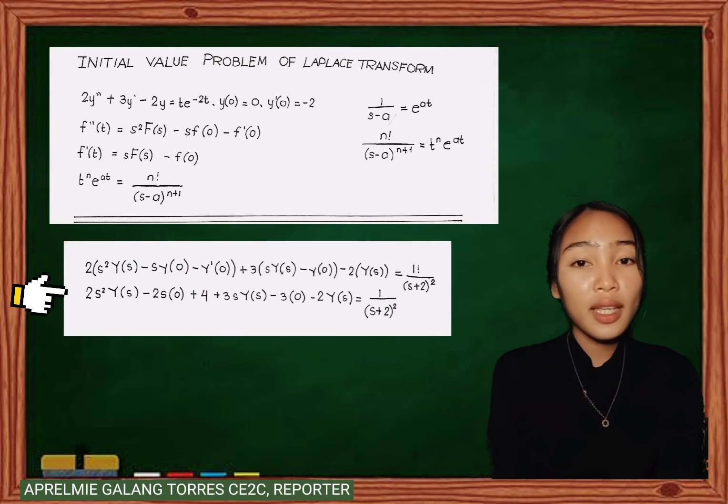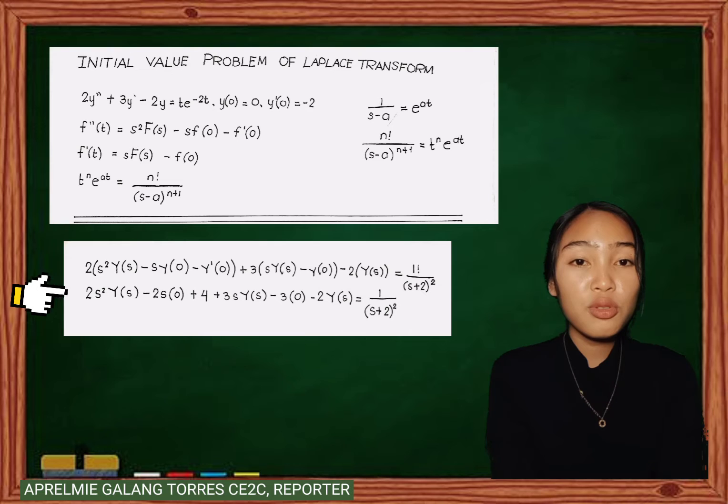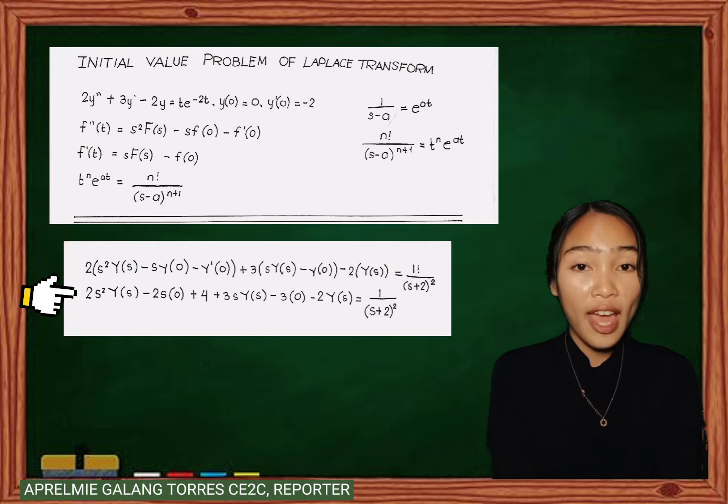Moving on to our second term, we'll say plus 3s Y of s minus 3 times y of 0, which we know to be equal to 0. Then we have minus 2 times capital Y of s, and we'll go ahead and leave the right side as it is, 1 over the quantity s plus 2 squared.